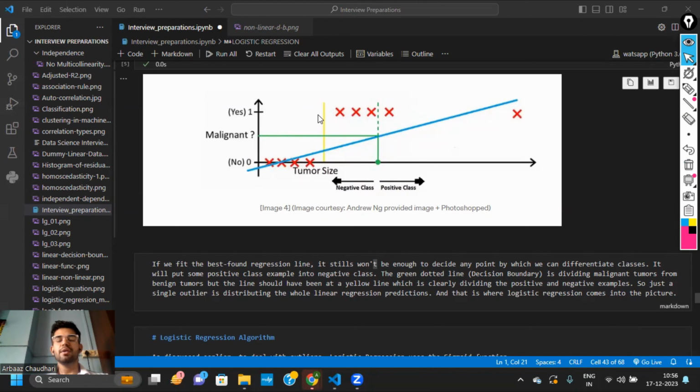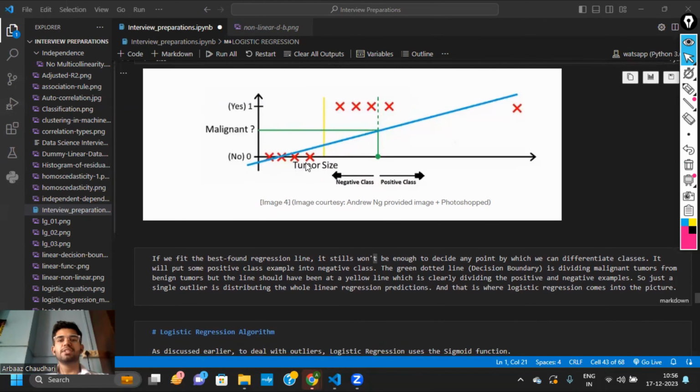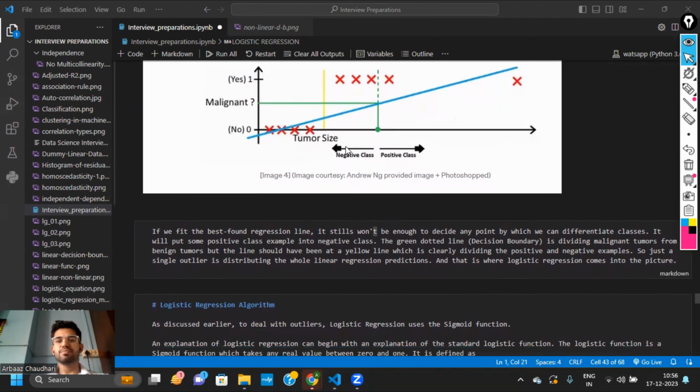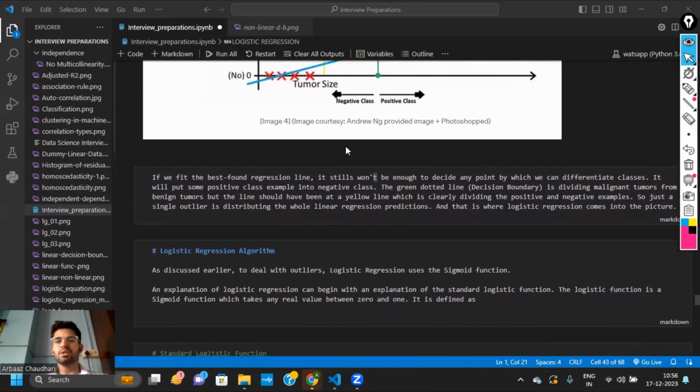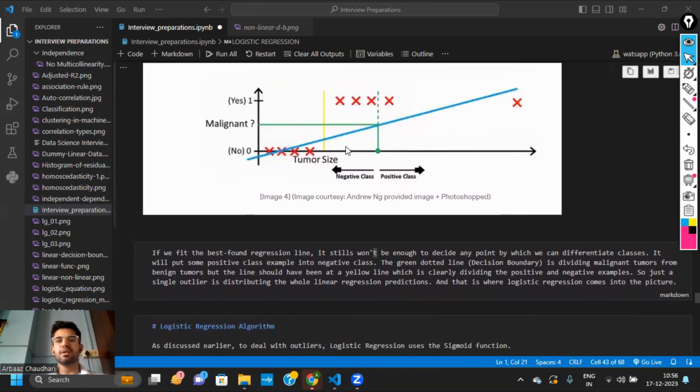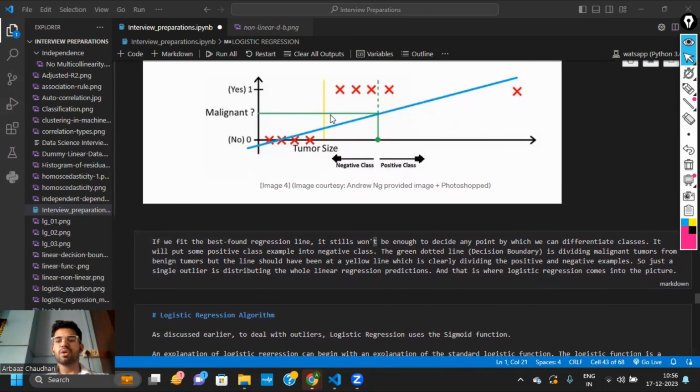If the positive and negative classes are not that mixed, like if the data points are not mixed, then you can perform logistic regression. If the classes 0 and 1 are easily separable by one line, then only you can use logistic regression. That is also one of the assumptions. If the data points are separable when you are plotting them, then you can apply logistic regression.